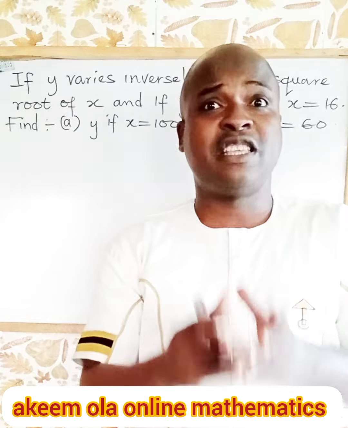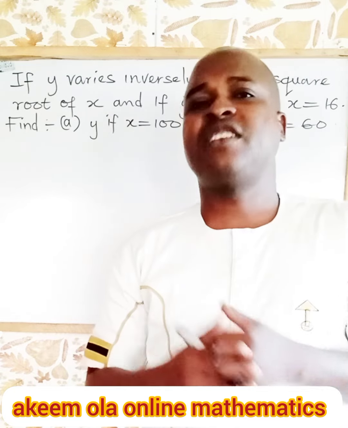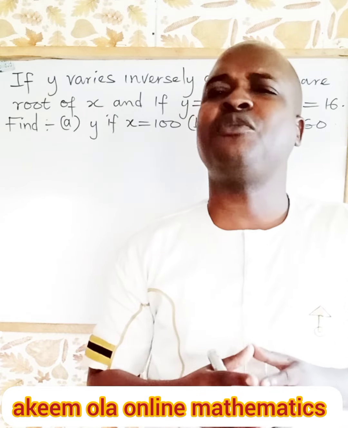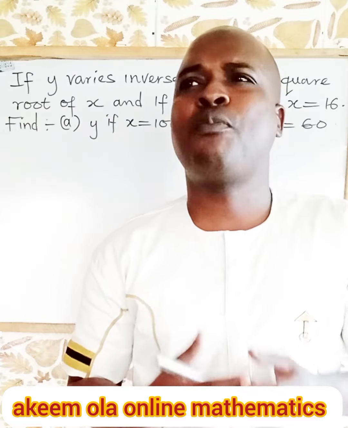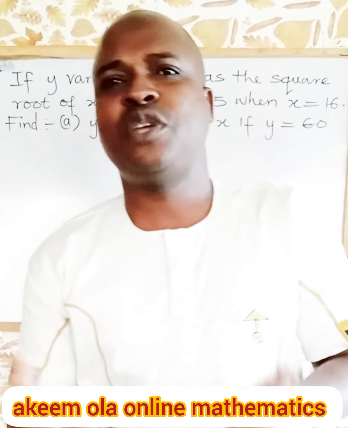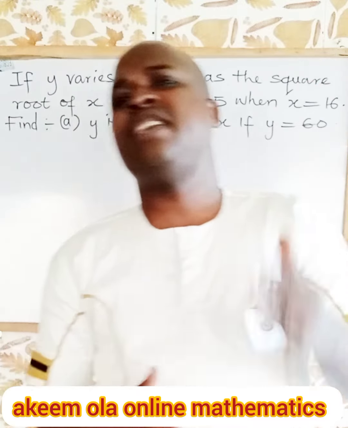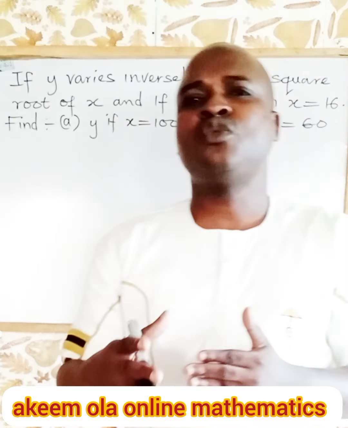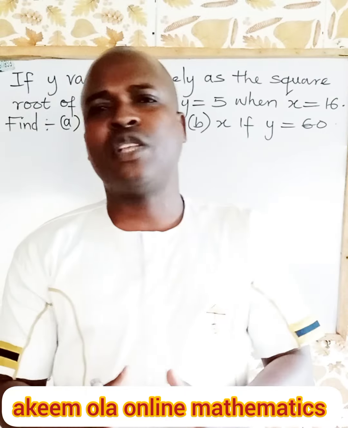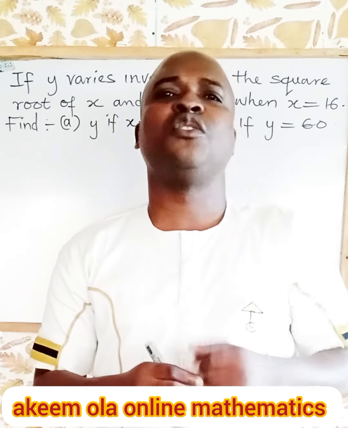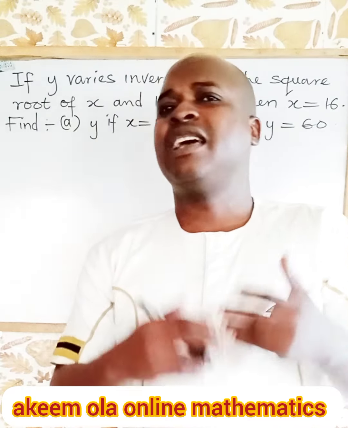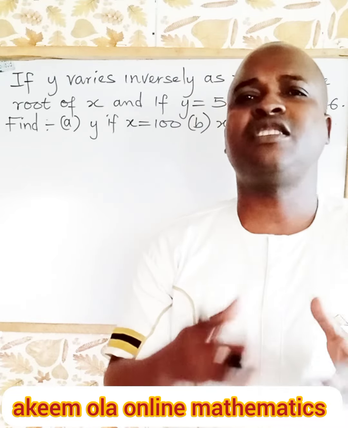As you can see from the definition, inverse variation is the opposite of direct variation, because in direct variation, when a particular quantity increases, the other one also increases. But in inverse variation, when one increases, the other will always decrease.